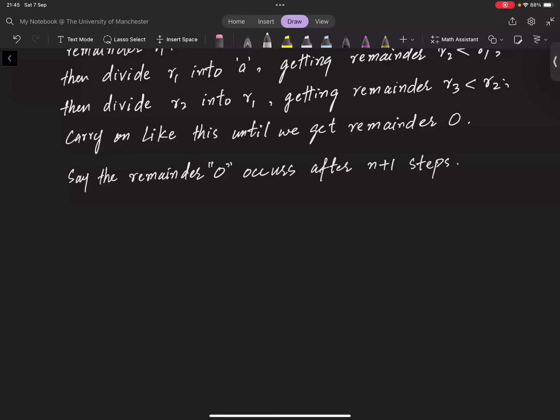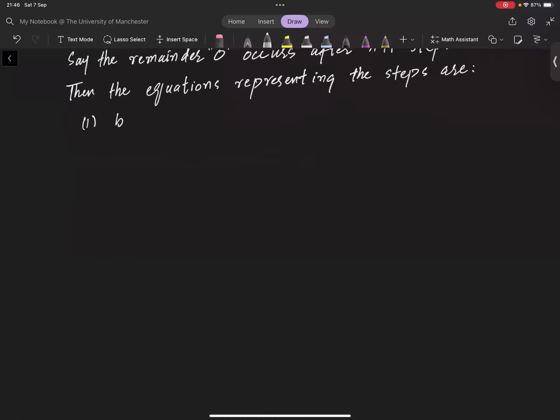Then the equations representing these steps are: step 1 is writing B as Q1A plus R1, with the condition that 0 is less than or equal to R1 and R1 is less than A.